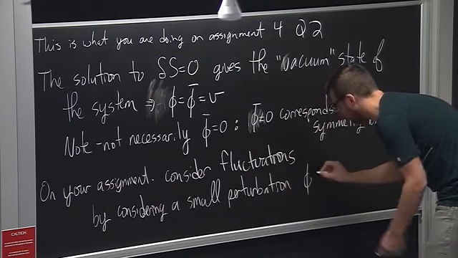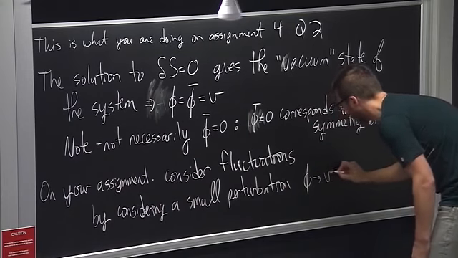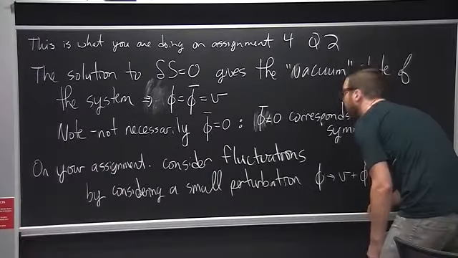So it's like phi goes to V plus some field phi prime.